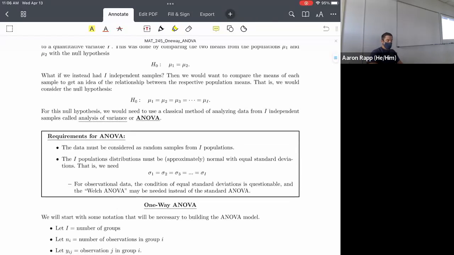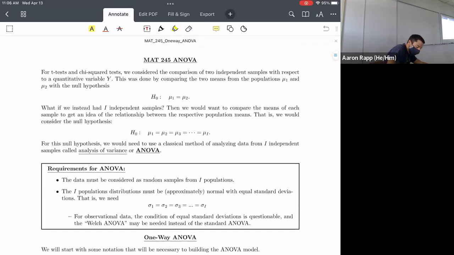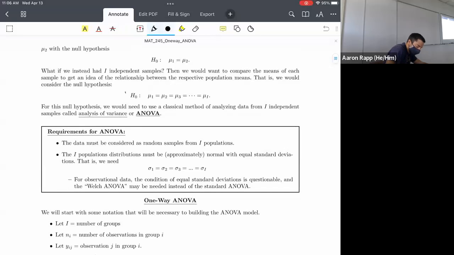So the null hypothesis we're going to be considering is the following: all the population means from all the I different independent samples that we get are the same. So that's where you see this mu naught.